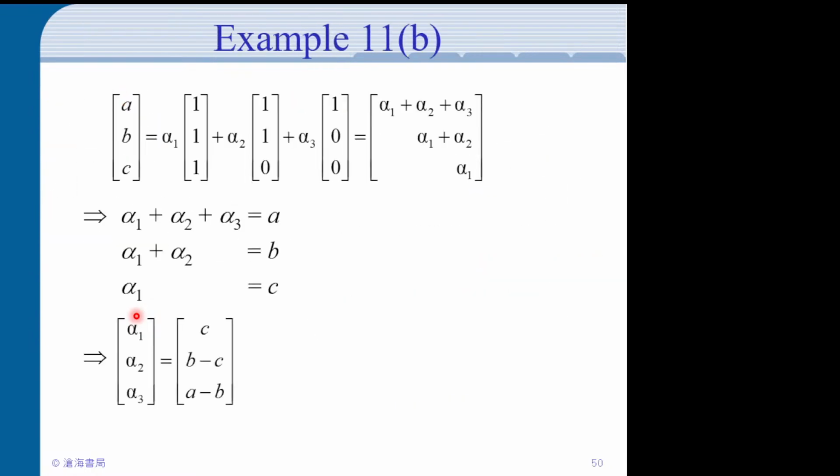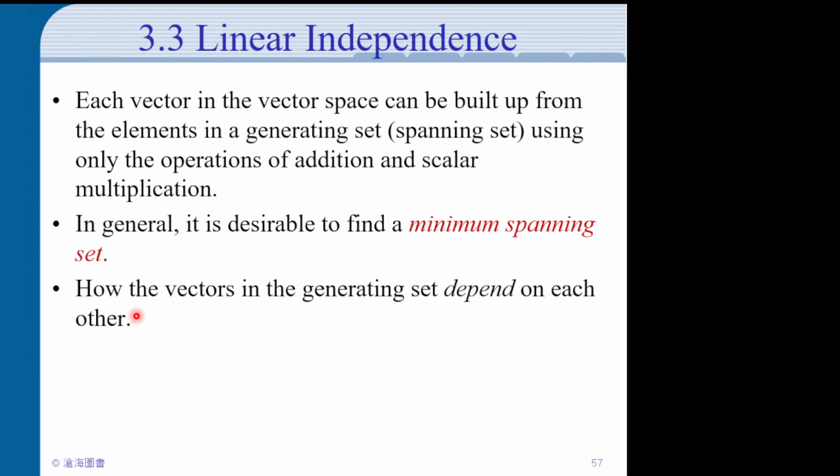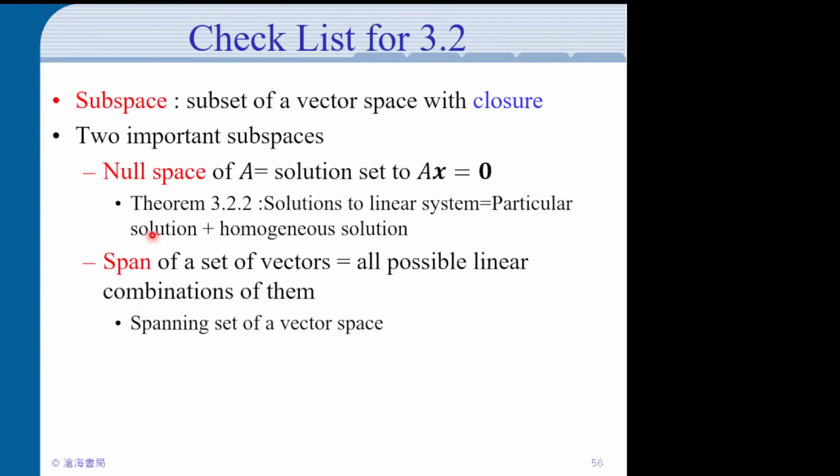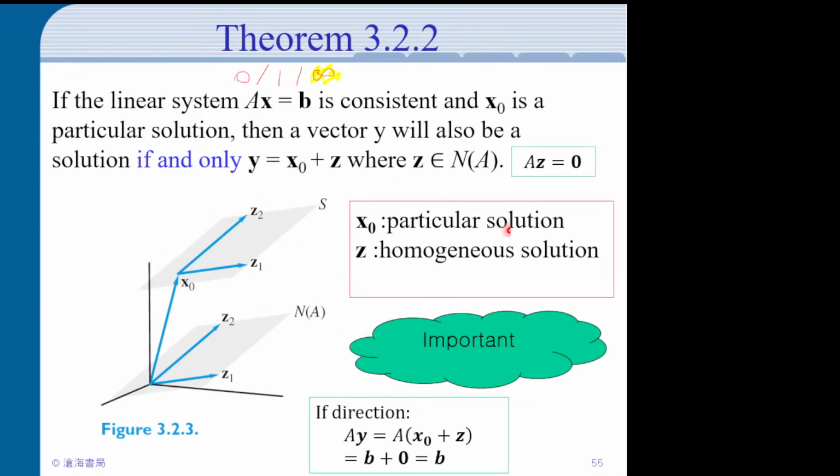And finally, so null space and span, and finally we have theorem 3.2.2, which says that when you want to solve Ax equals b, whenever it's consistent, then x can be written as some particular solution x0 plus this interesting homogeneous solution z, where z is the solution of Az equals 0.